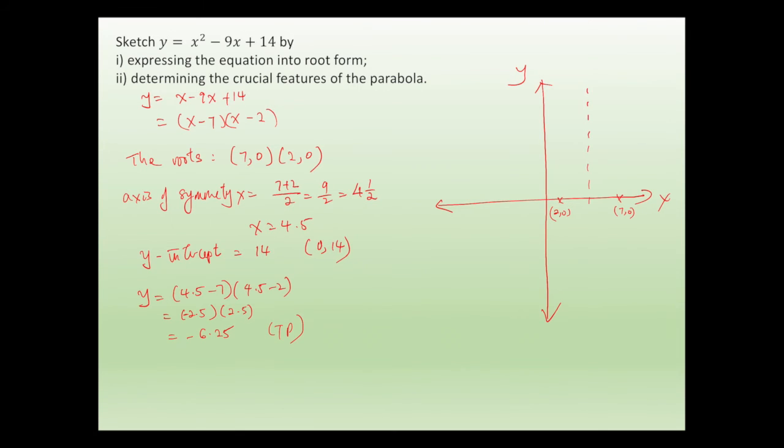And the axis of symmetry, and this point would be 4.5, minus 6.25, and we can just sketch this. Y equals x squared minus 9x plus 14, and here this point is 0, 14. All right, so I've indicated all the crucial features. X equals 4.5.